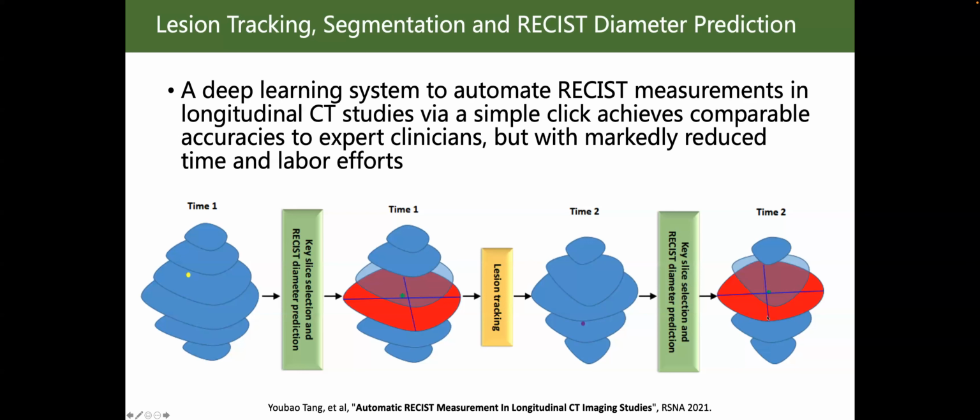As you can see, for multiple time point CT scans, we just need to give one single click at one time point. Then the whole system will automatically and accurately produce the RECIST measurements.